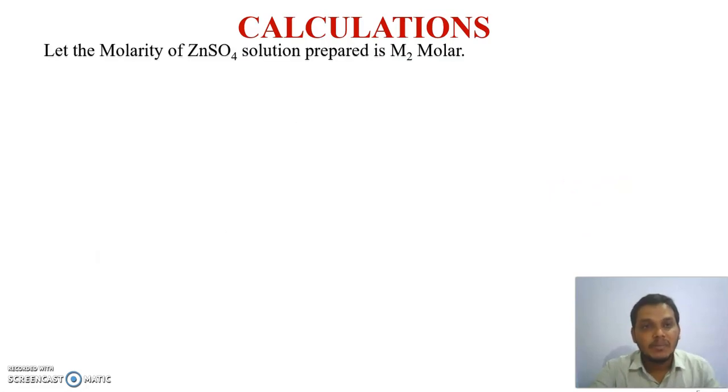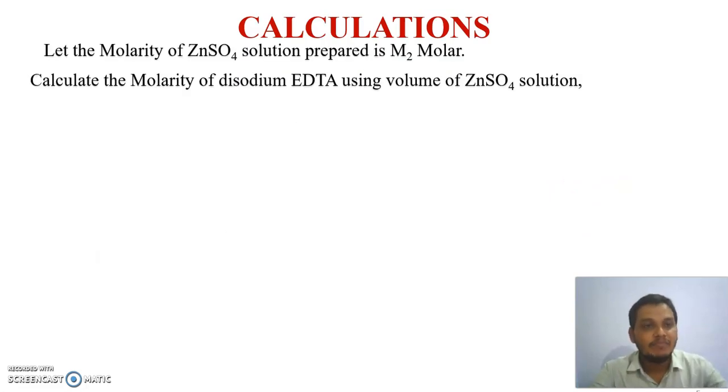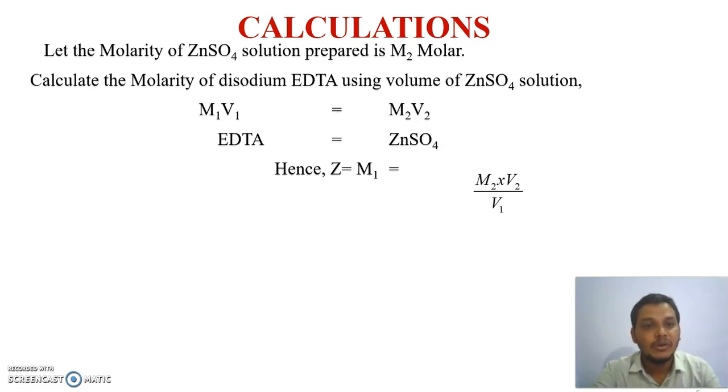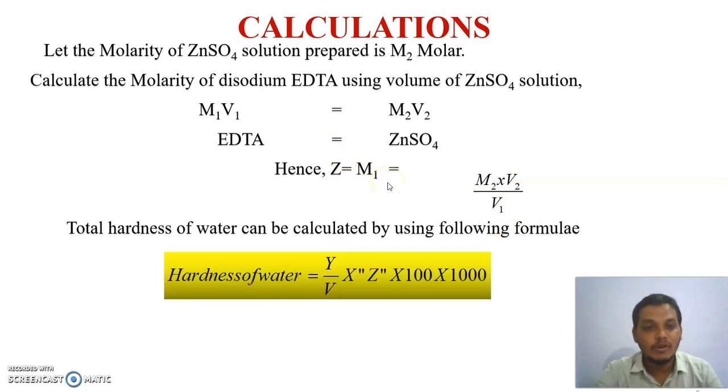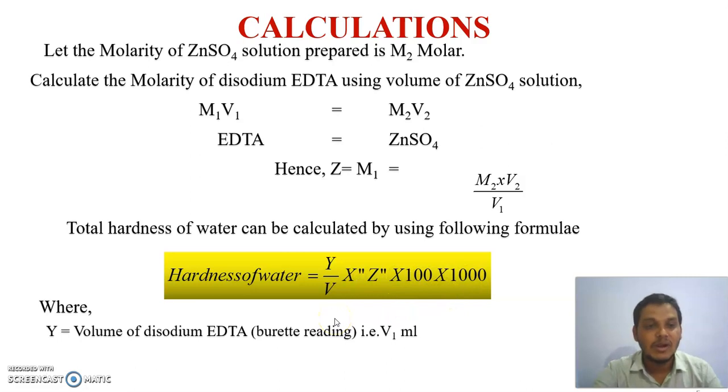Calculation. From this we can easily calculate the molarity, right. So this is M1V1 = M2V2, and in this way, by using M2V2 divided by V1, we can easily calculate the molarity M1, right. And the hardness of water sample formula is Y upon V into Z into 100 into 1000, right. So what is Y? Y is the volume of disodium EDTA, meaning the burette reading, right.